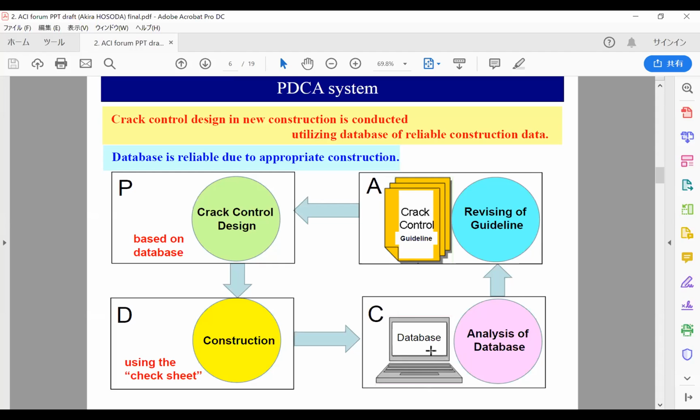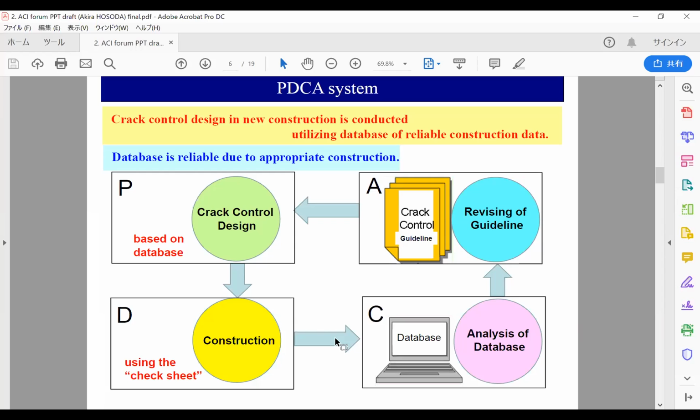They accumulate this data step by step. In their system, they can refer to the database for crack control design. Based on this database or their own guideline, they will do proper crack control design. Something like this is a kind of PDCA system.